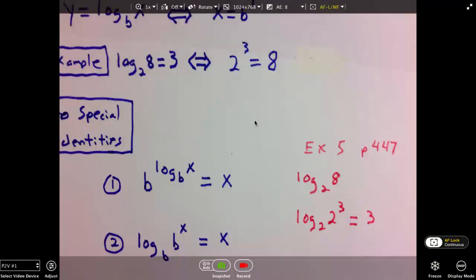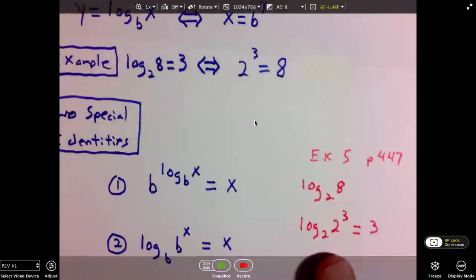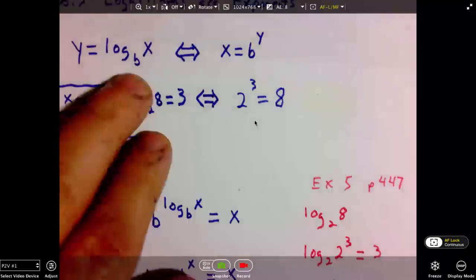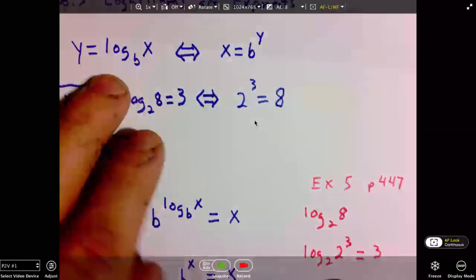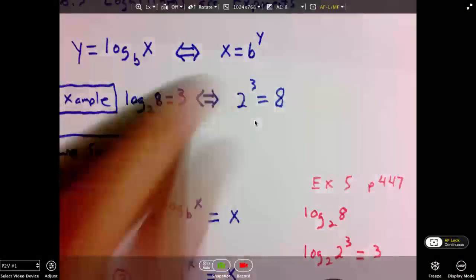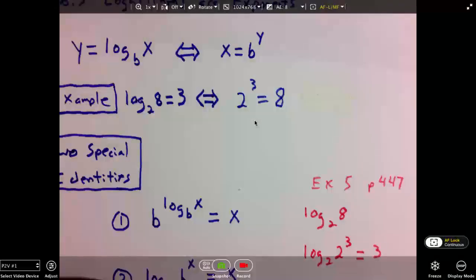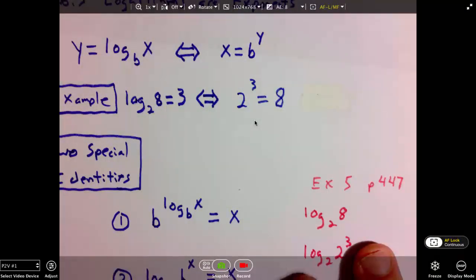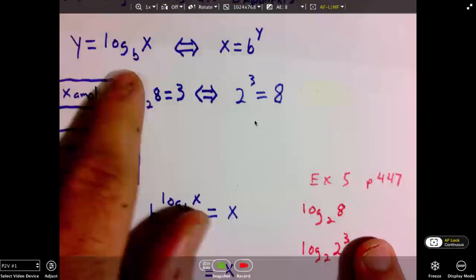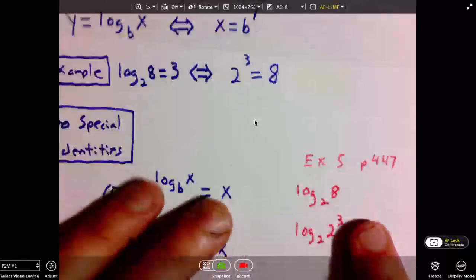All right. So we're going to show specifically why this is. Going back to our definition, we can go from the logarithm to the exponential and vice versa. So I'm going to rewrite this left side expression using this definition. Here we go.